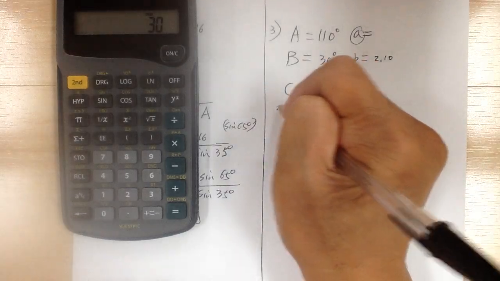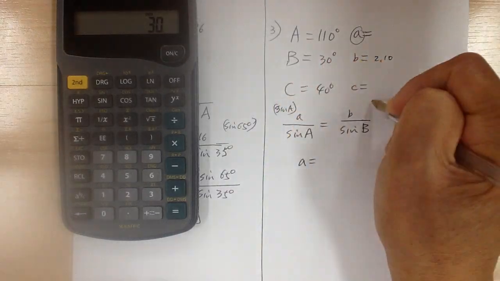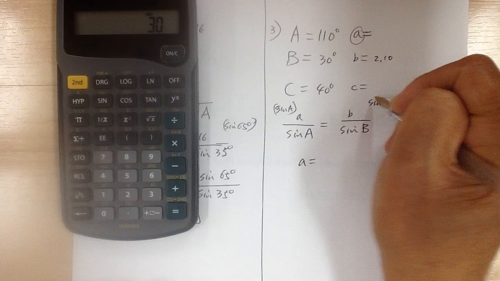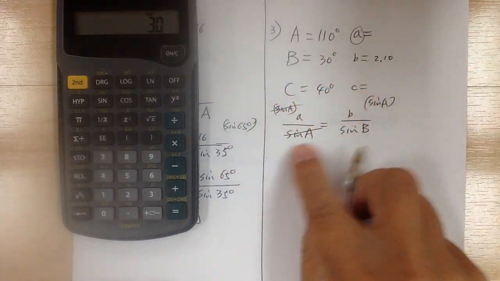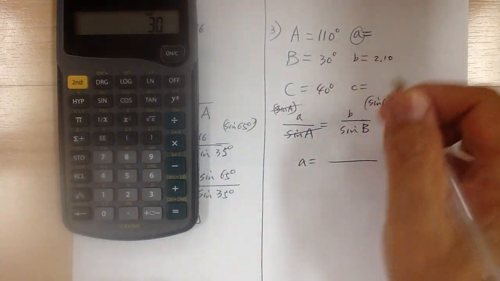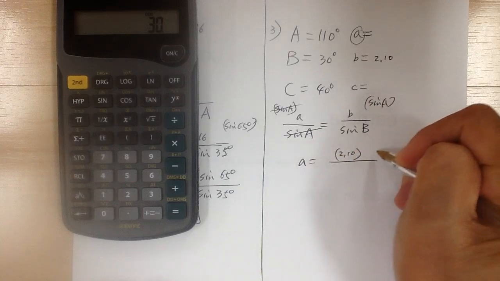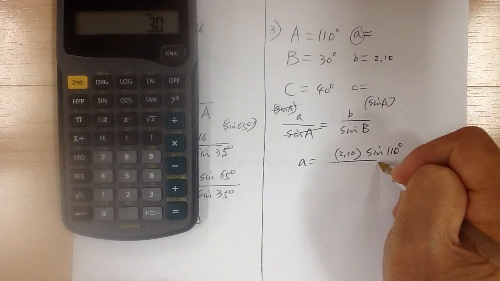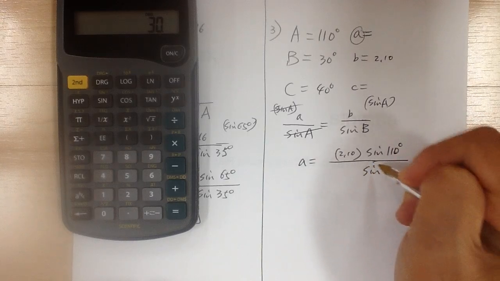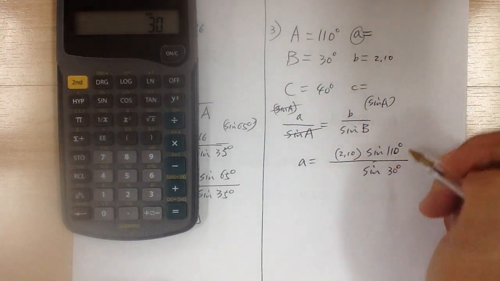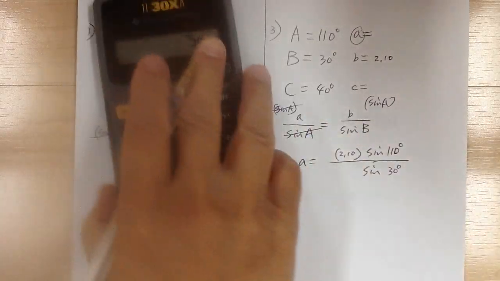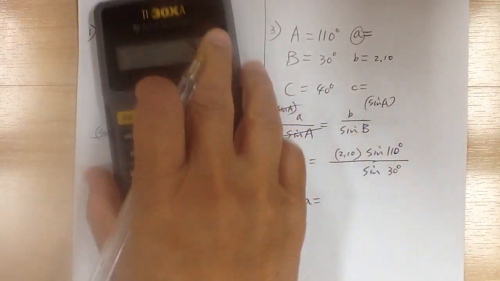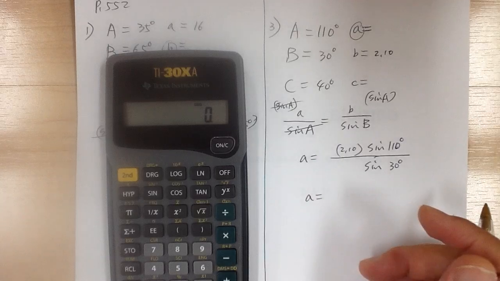When you substitute, you can start to move this over already. So multiply both sides by sine A, so that this will cancel out. So A equals B, which is 2.10, times sine of 110 degrees over sine of 30 degrees. Get your calculator and enter all these numbers.